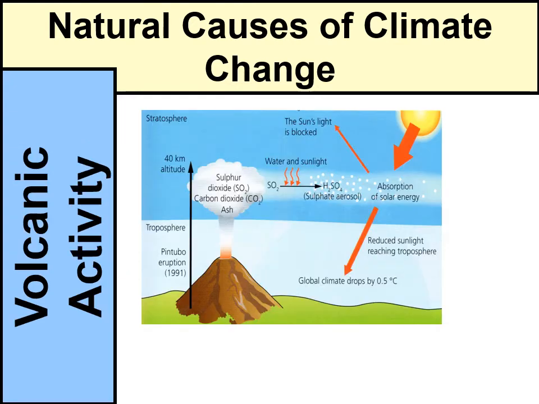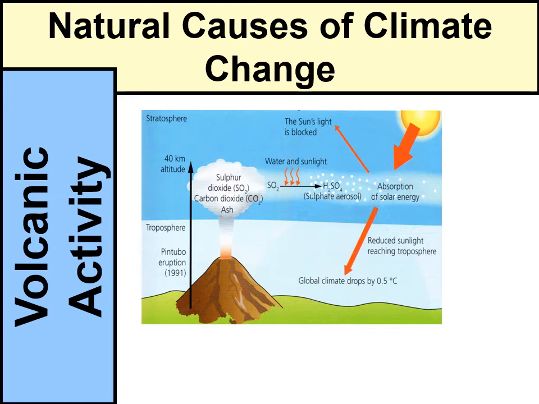Volcanic activity is another way that climate change happens. There's some debate about whether it actually cools the Earth or warms the Earth, in the short term or the long term, and where that happens. Huge amounts of gases and ash and sulfur dioxide come out of the volcano.